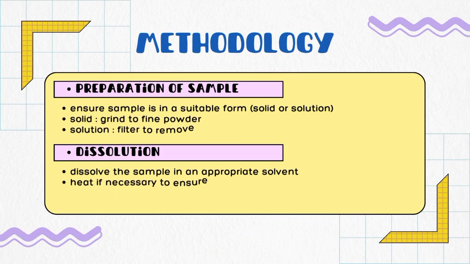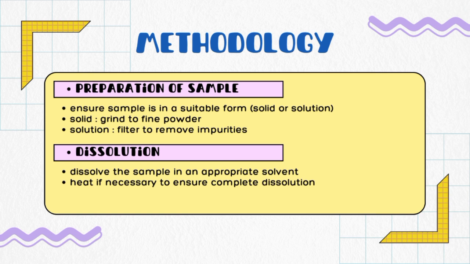Now we'll be explaining about the methodology of gravimetric analysis. The systematic steps involved in determining the quantity of a substance through the measurement of the mass of a precipitate formed. Initially, the sample must be appropriately prepared, ensuring it is in a suitable form, either solid or in solution. Solid samples are ground into fine powder, while solutions undergo filtration to eliminate impurities.